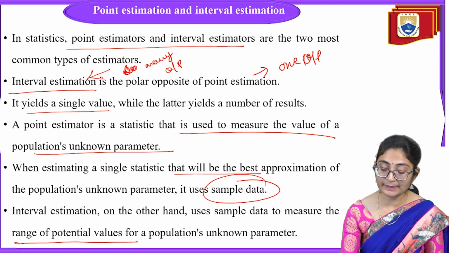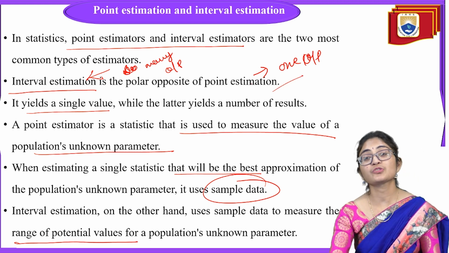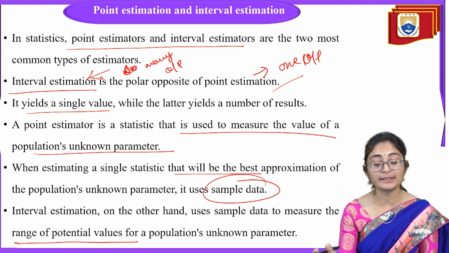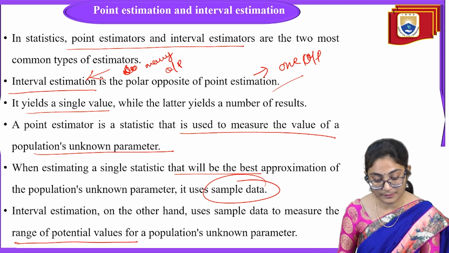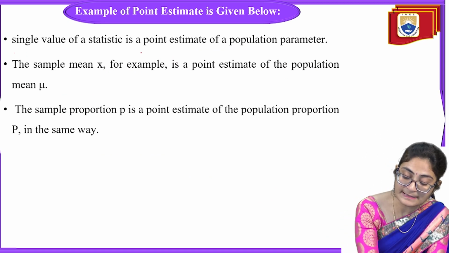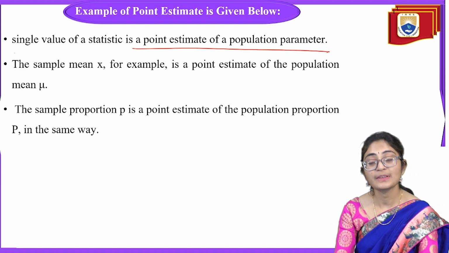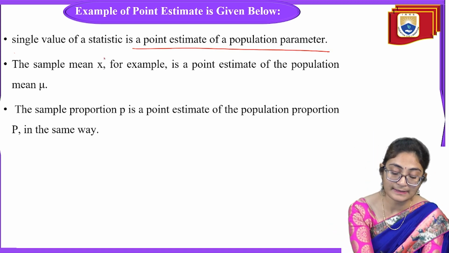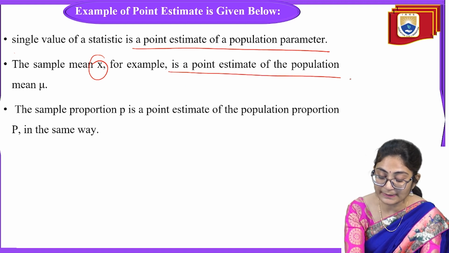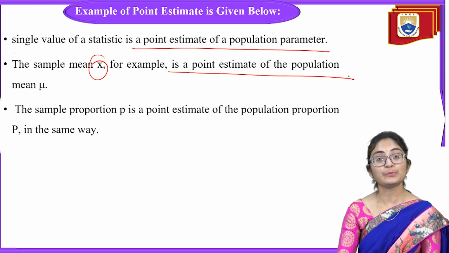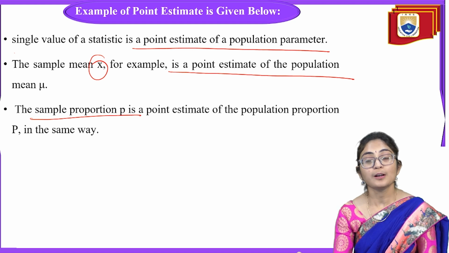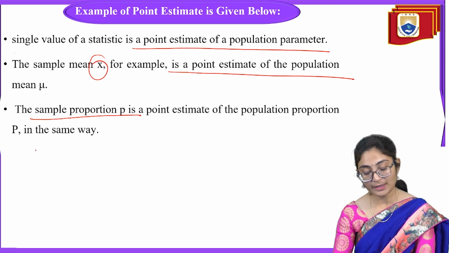So always keep in mind, in point estimation, you are finding only one value, and in interval estimation, you are finding the range of values. For example, a single value of a statistic is a point estimate of a population parameter: the sample mean x̄ is a point estimate of the population mean mu, and the sample proportion p is a point estimate of the population proportion p in the same way.